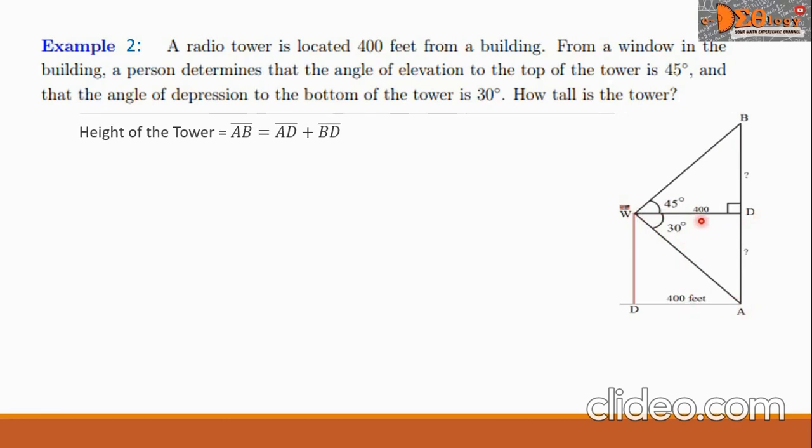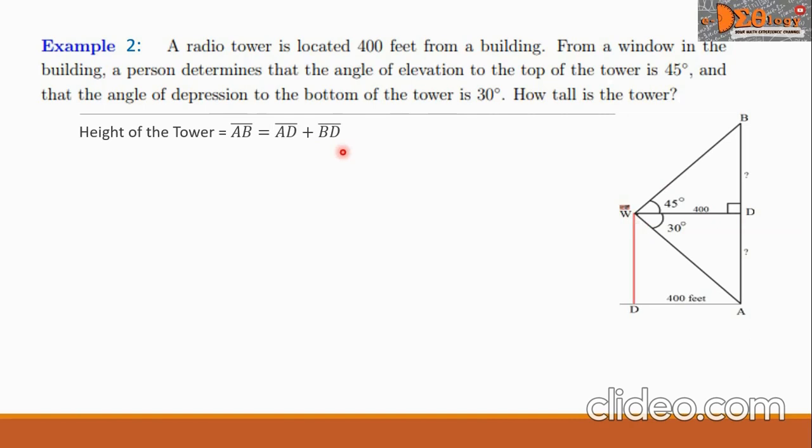You can see now in our figure that we have two right triangles here. The first triangle is BWD. The other triangle is ADW. In the figure, we are going to compute AD and BD separately using separate triangles.